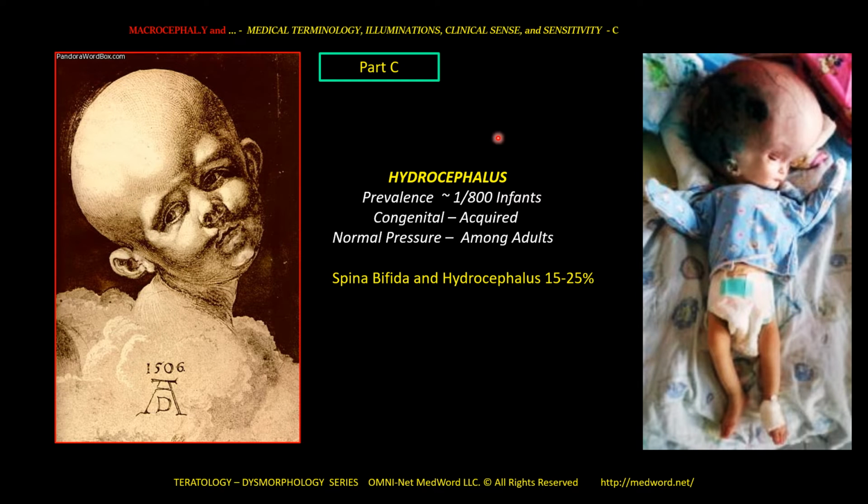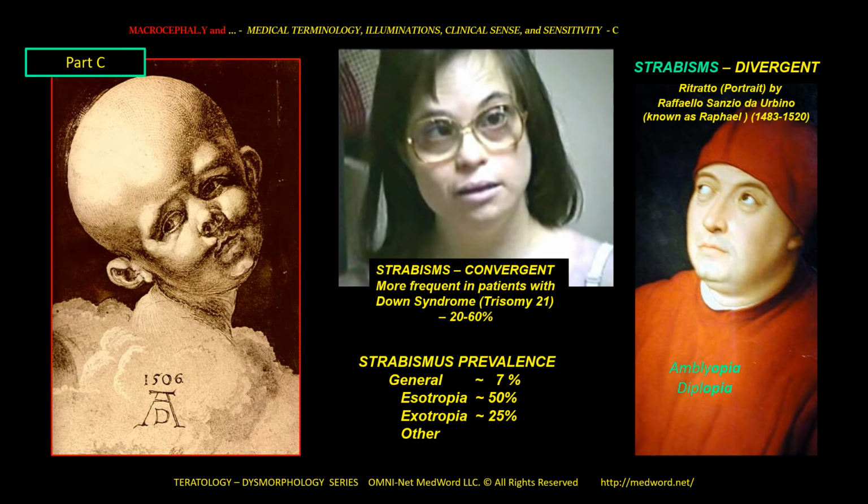So after a review of which signs are signals, then we need to put these signals into perspective. For instance, macrocephaly with macrocephaly, or squint or strabismus with other forms of strabismus. The more we know about each signal, the greater the differential diagnosis.